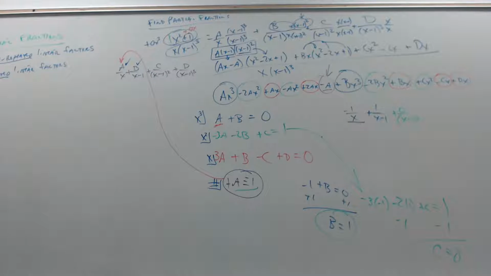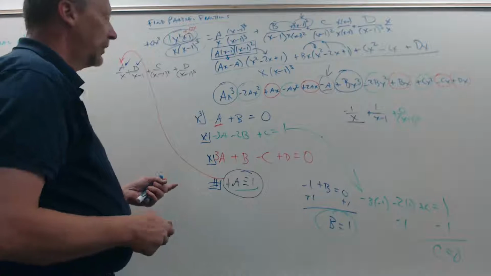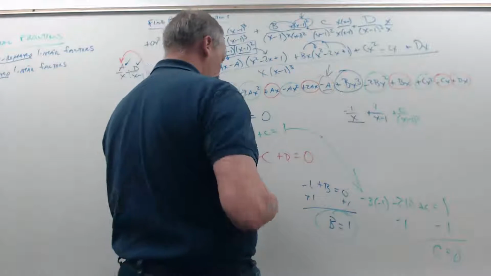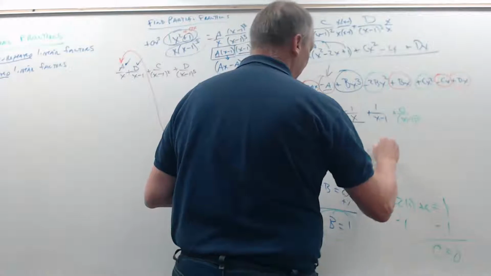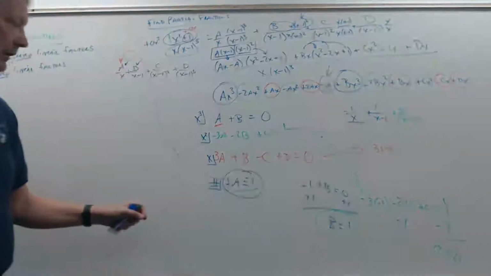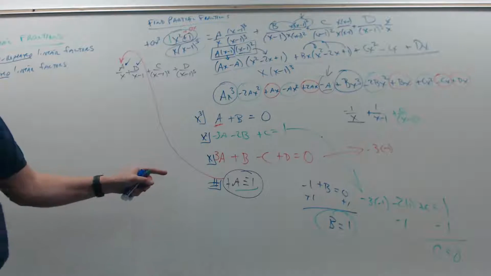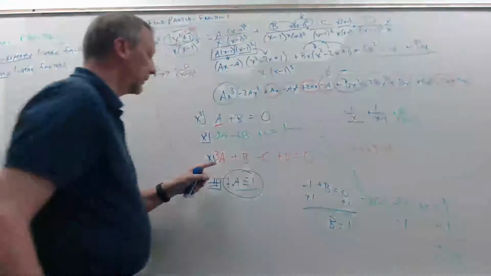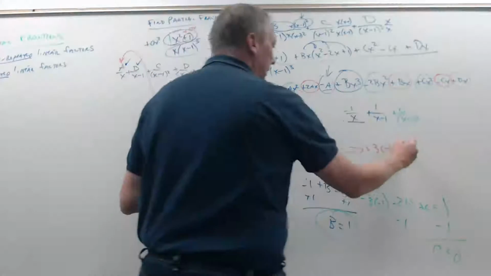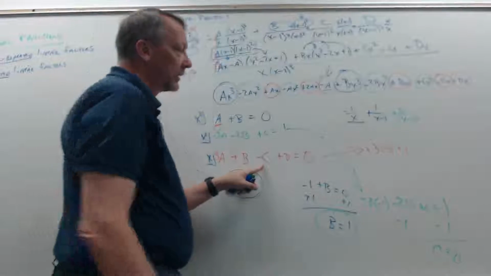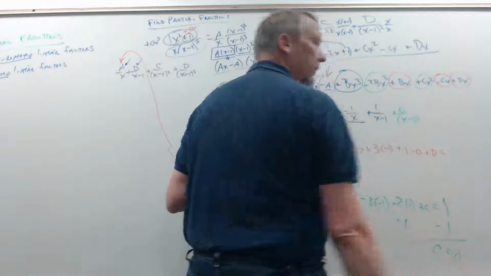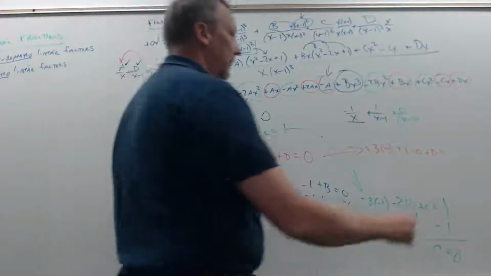Now we get to plug all of these into where? Into here, right? Negative 3 plus 1. So it's positive 3 times negative 1, plus b, which is 1, plus 1 minus 0, 0 plus d equals 0.